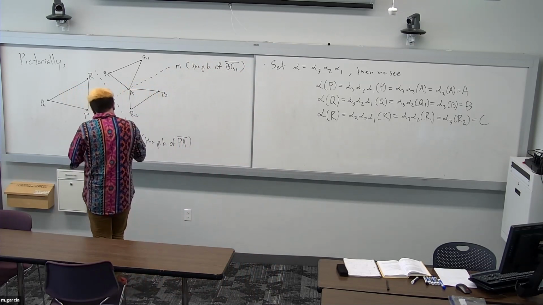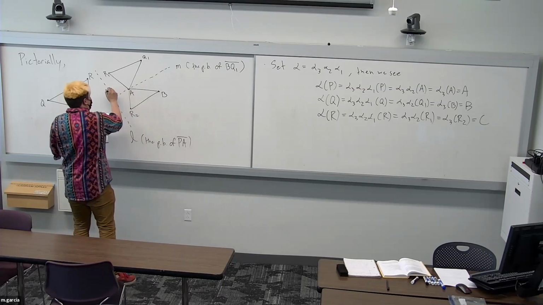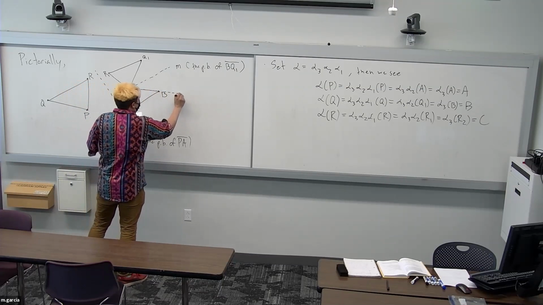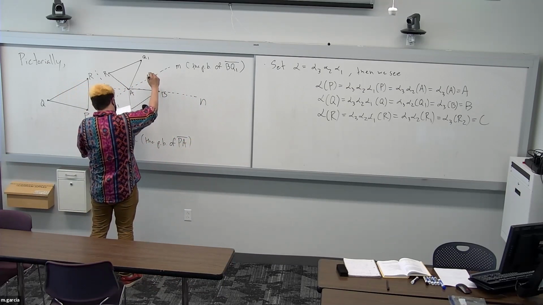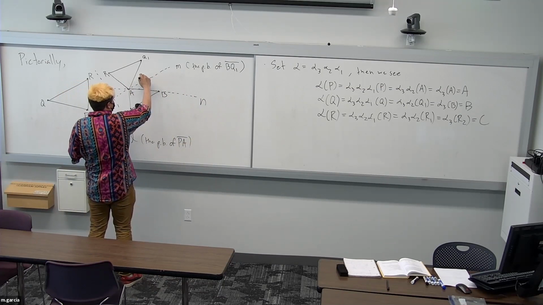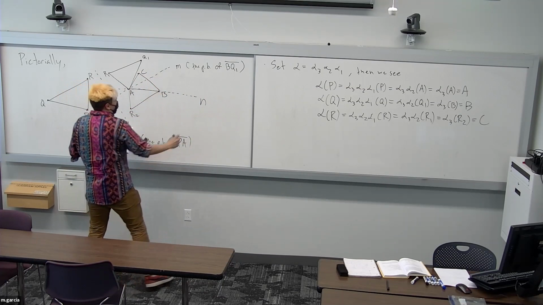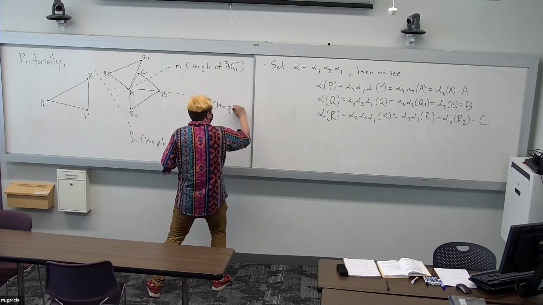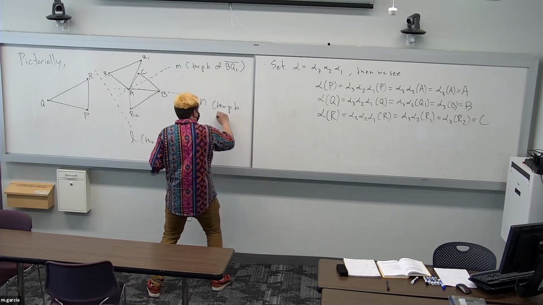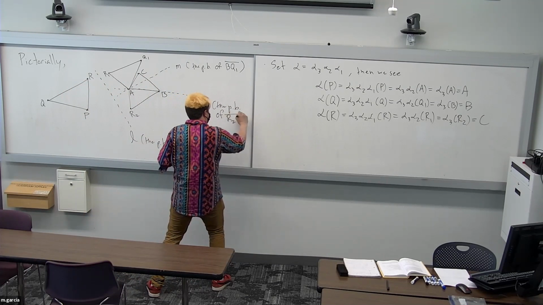And finally, I draw this line N, and I take C up here, and the perpendicular bisector of the line segment R2C.